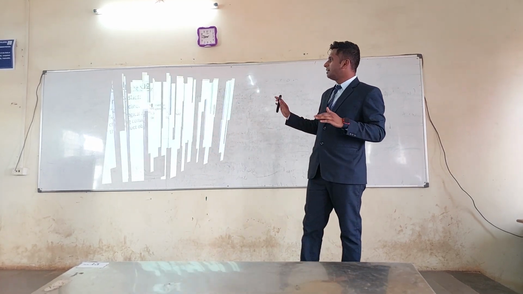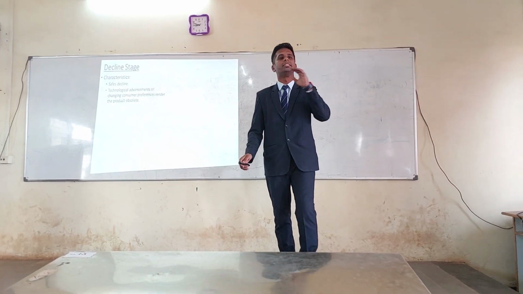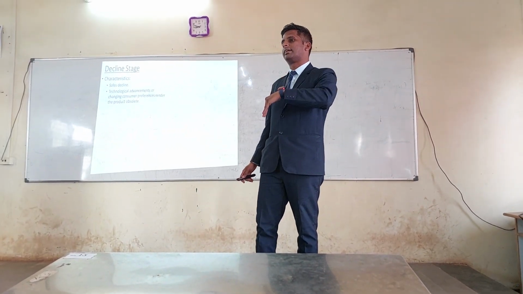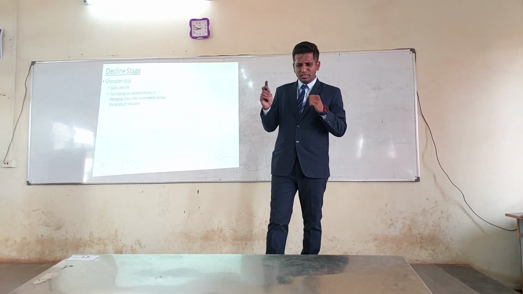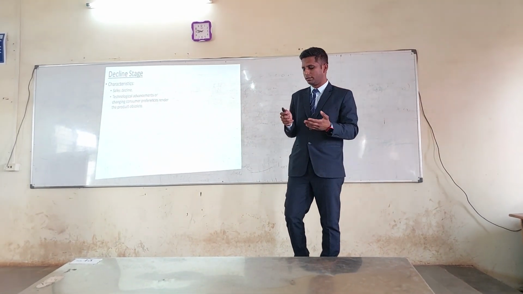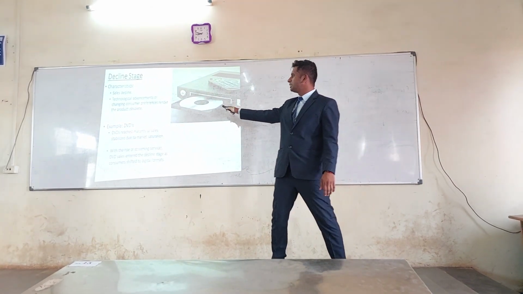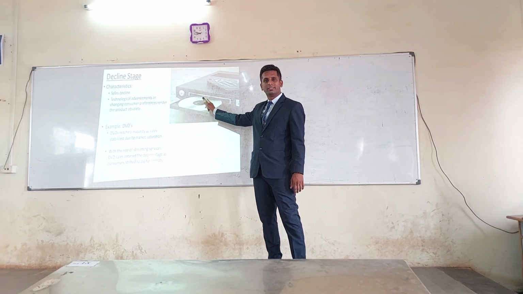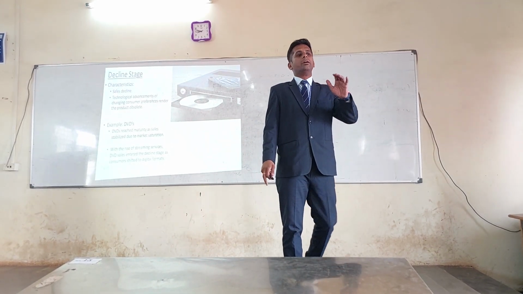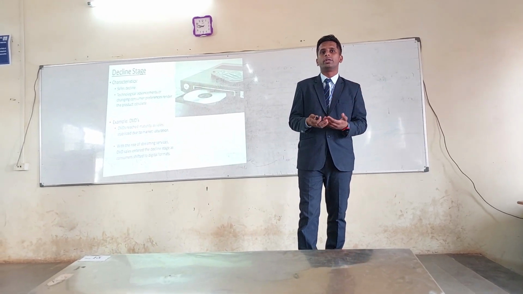Now at the end we reach the decline stage. Decline stage is when your product is almost dead. The product is in decline. New technology has come into the market and no one is using the old product. For example, the DVD player. Yes. Now no one is using this disc and also this machine. So this is dead in the market, because of innovations, people are opening their startups and coming with new technology.